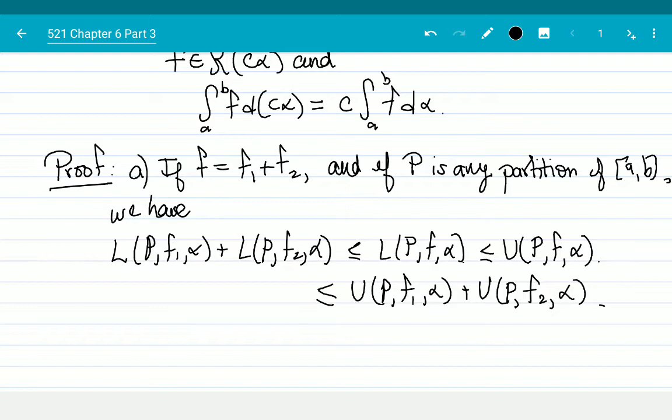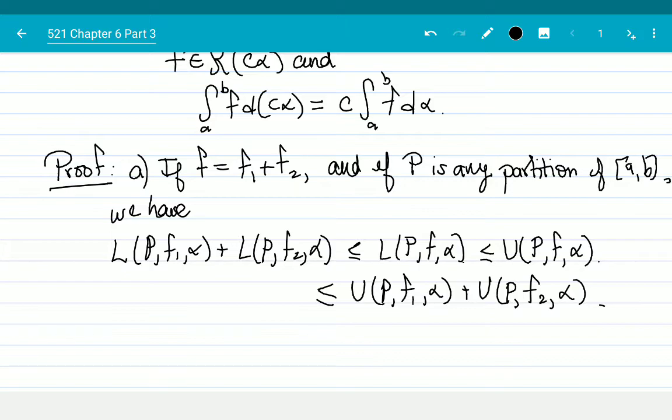Look back at how L and U are defined. If both the minimums are at the same place, then these are equal. If the minimums are at different places in the partition, then these might be different, right?